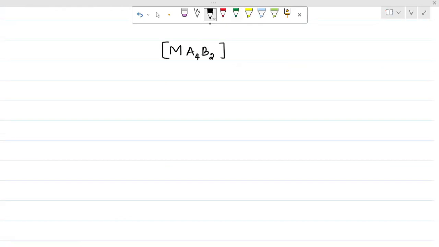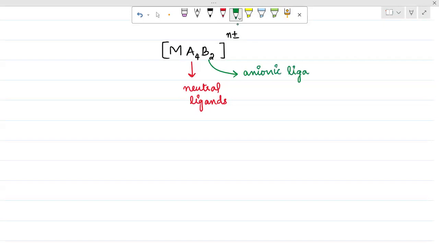Whatever the state of the complex is, the ligands are written in such a way that the neutral ligands come first. Neutral ligands are supposed to be written first, followed by the anionic ligands.